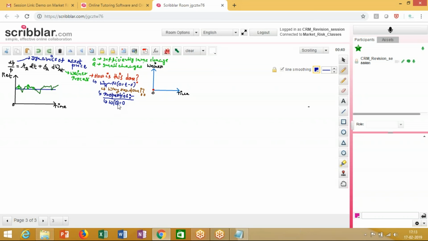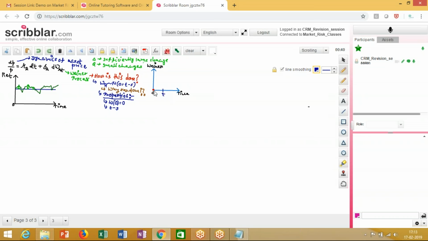And what is the interval of time? Let's say it starts from s and goes on to t. So the system starts from Ws and goes on to Wt. So t minus s is the total time period. Let's say it starts from 0 and goes to t.